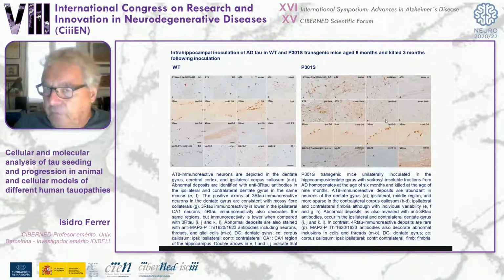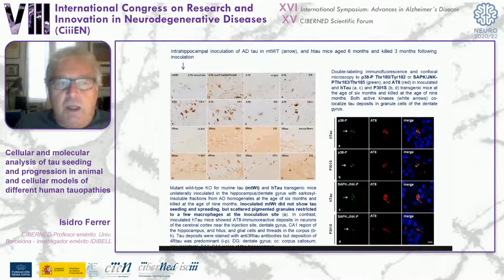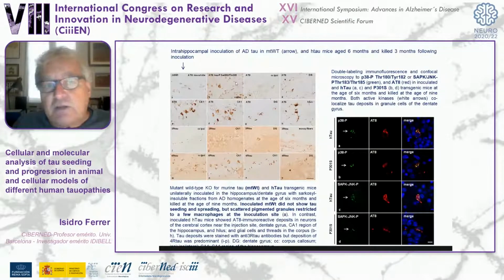of tau in this kind of deposits. And here is what happens when we inject into the brain of knockout. When we inoculate into the brain of knockout, there is not tau. This is just a few macrophages just in the site of injection.